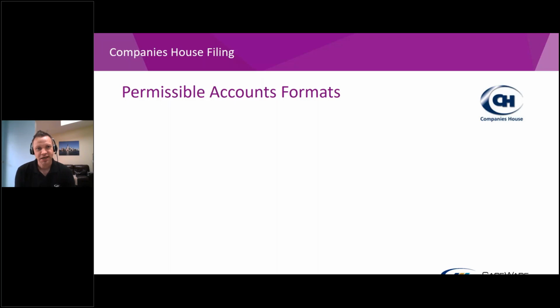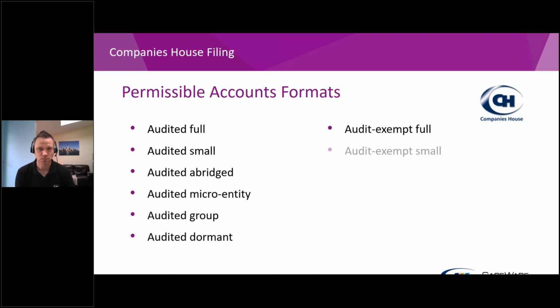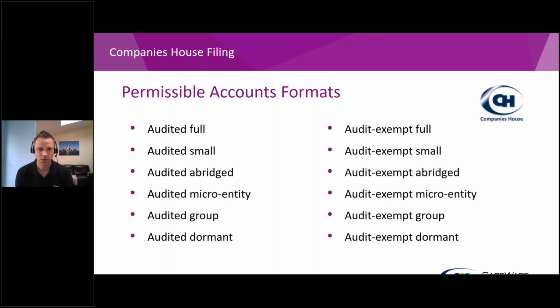So what type of accounts can you actually file with Companies House? I'm just going to let those run through the screen there. So we have various different entity types, all the way from an audit exempt dormant entity or a micro entity, right the way up to the larger scale, being an audited group entity. Now, all of those bullet points there relate to FRS 101, FRS 102, obviously micro entities, FRS 105, or indeed IFRS entities.